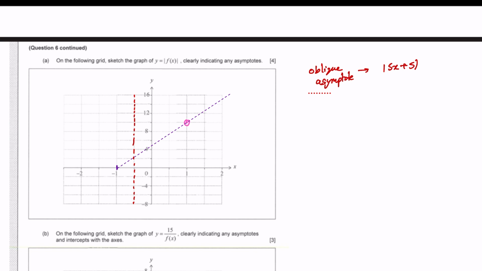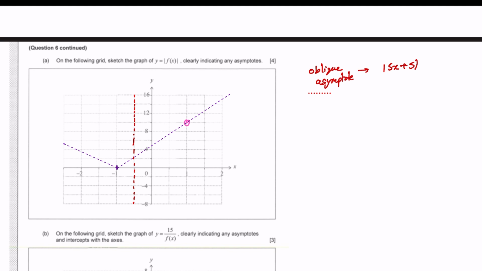And for the other part, if I take -1 it is 0, and if I take -2, it'll give me 5. 5 is somewhere here, in between 4 and 6. We can just connect them like this. So this becomes your asymptote.